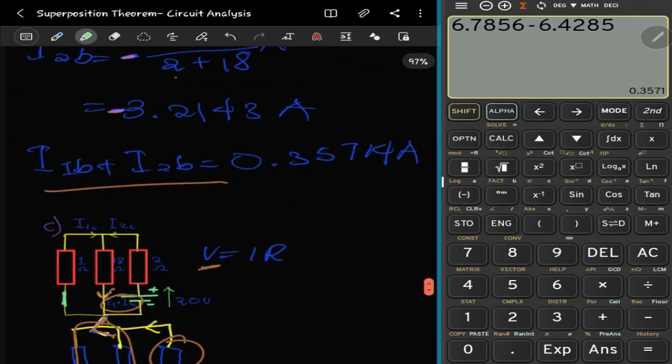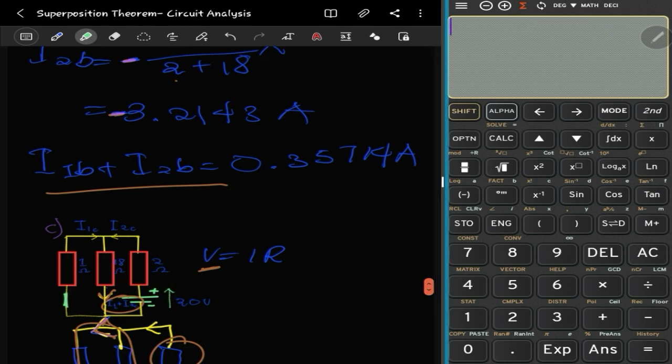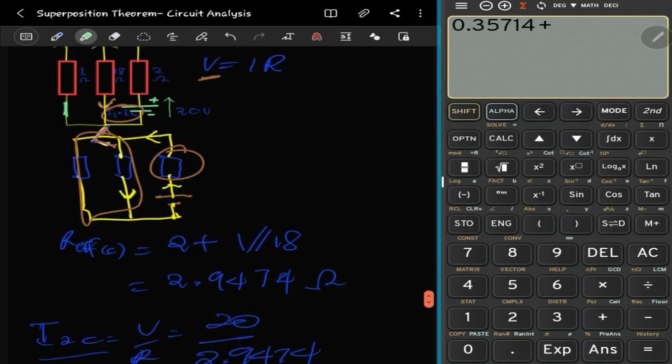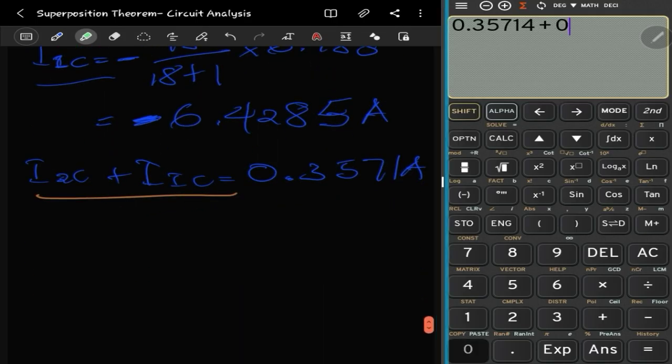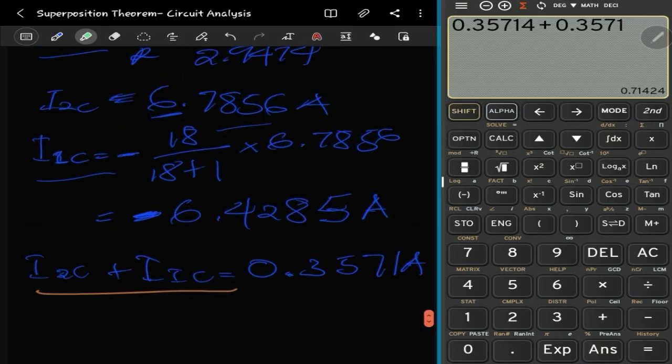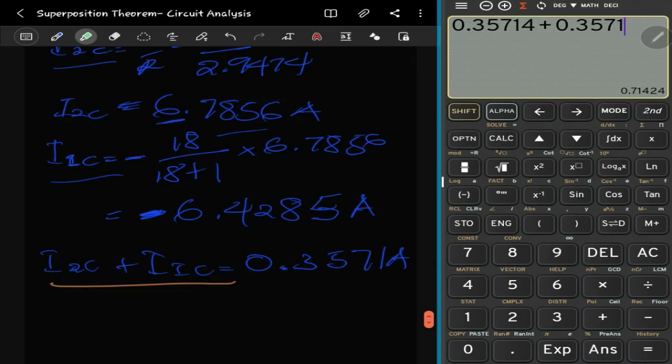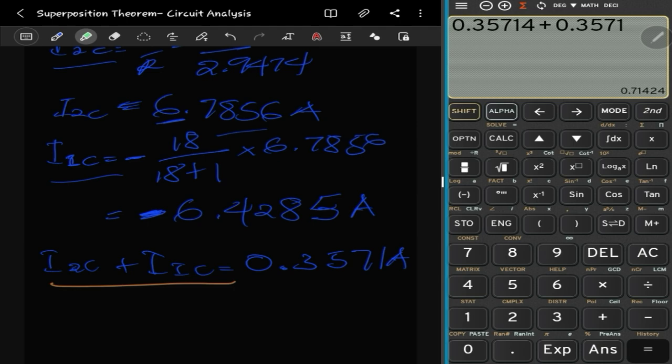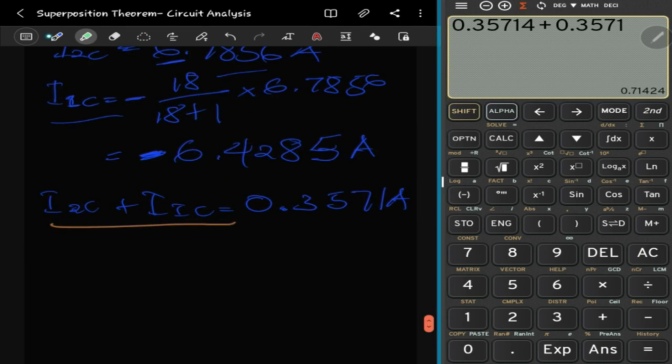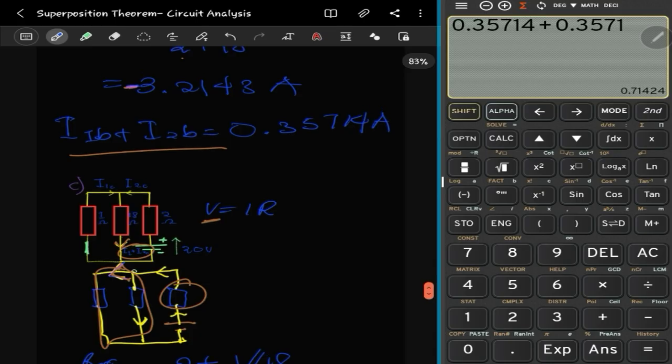Okay, so we have 0.35714 plus 0.3571. So that will give us, looking at the diagram, this actual I1.